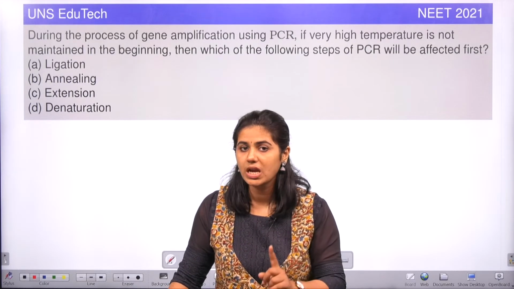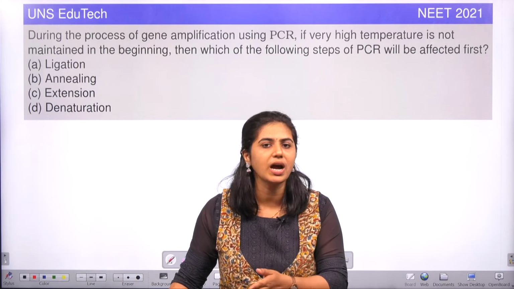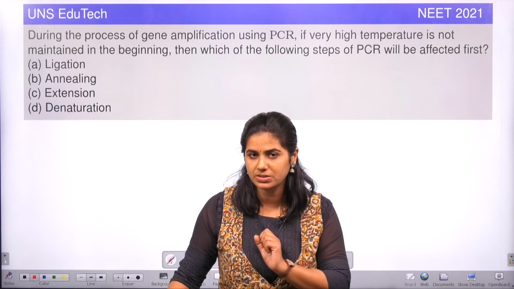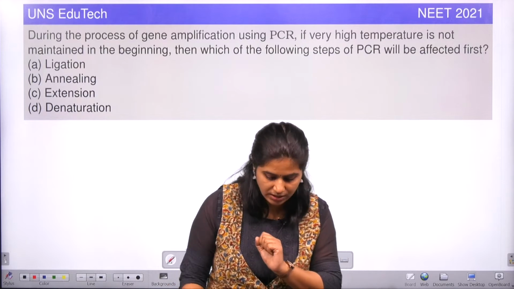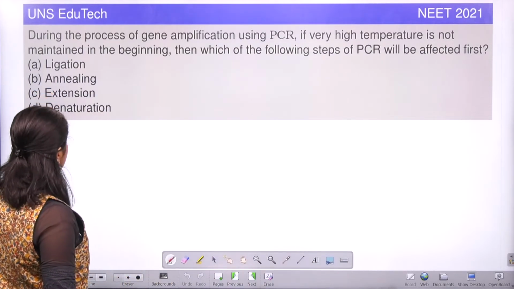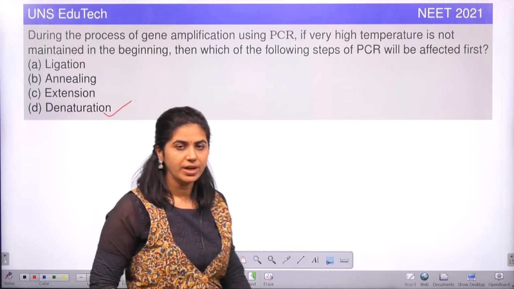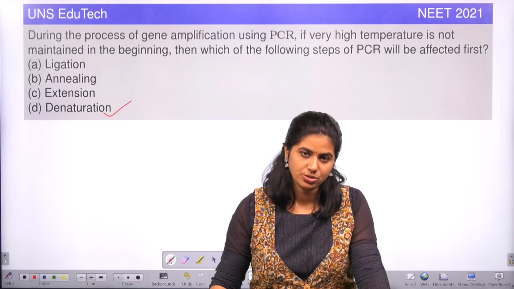The first step was denaturation, which requires around 94 degrees Celsius to break the hydrogen bonds between the two strands of double stranded DNA. Here the options are ligation, annealing, extension and denaturation. Obviously the answer will be denaturation, right?